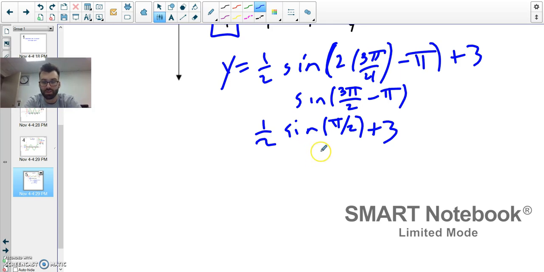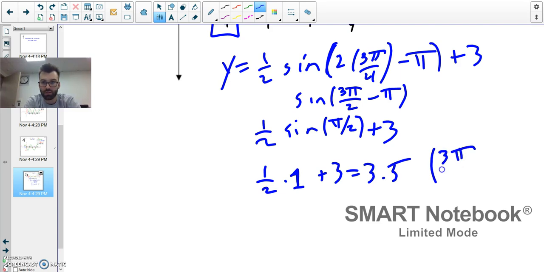Well, what's the sine of pi over 2? The sine of pi over 2 is 1 from my unit circle, plus 3. 1 times 1/2 is 3.5. So really, this is 3 pi over 4, comma 3.5.